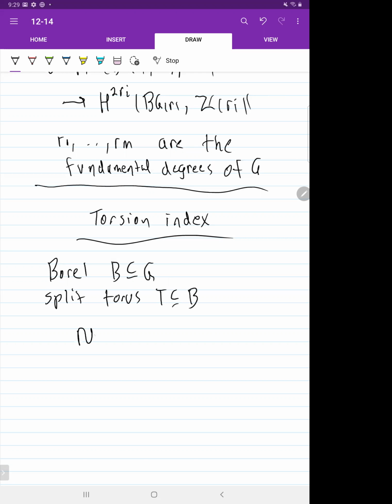And the dimension of the flag variety, we'll call N. Then there are different ways to define the torsion index, but they're all equivalent.